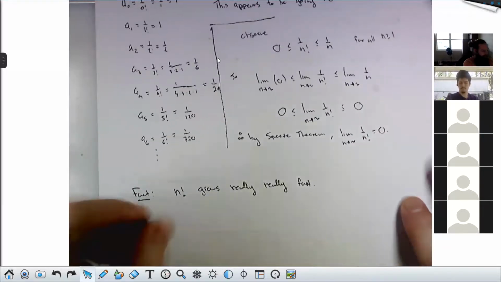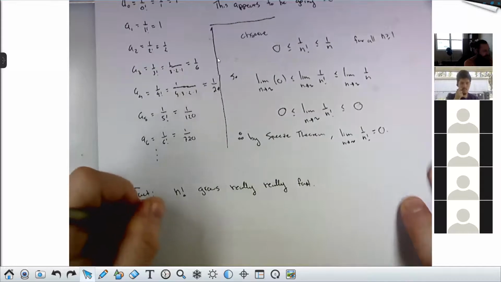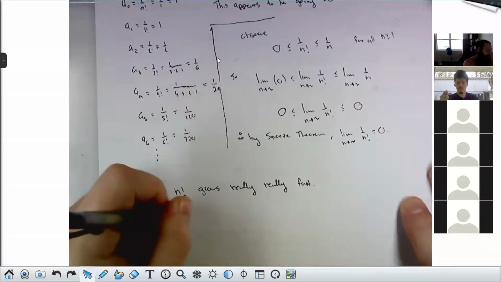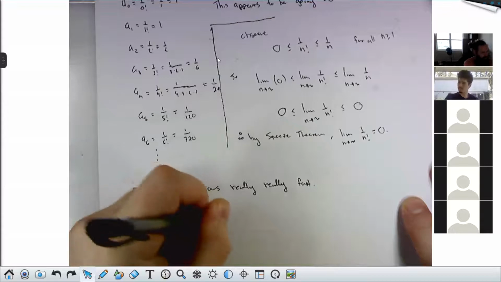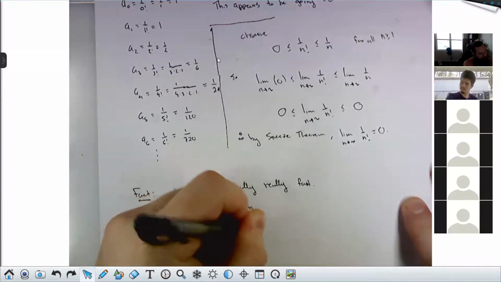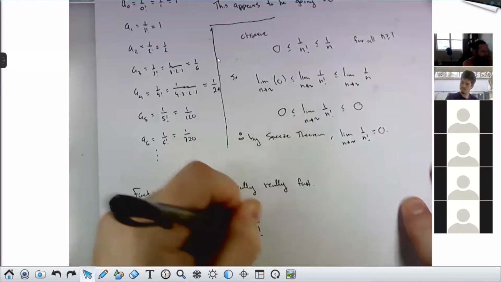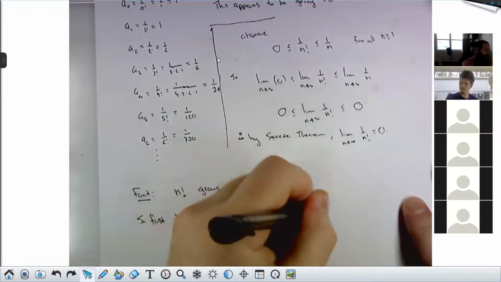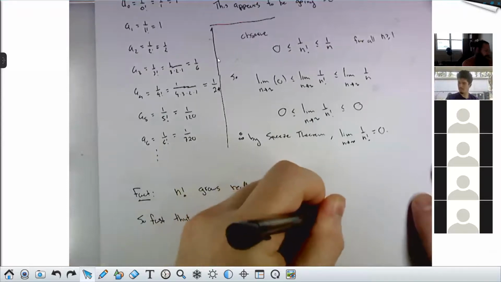So fast, in fact, that the limit as n goes to infinity of b to the n over n factorial is equal to 0 no matter what you take b to be.